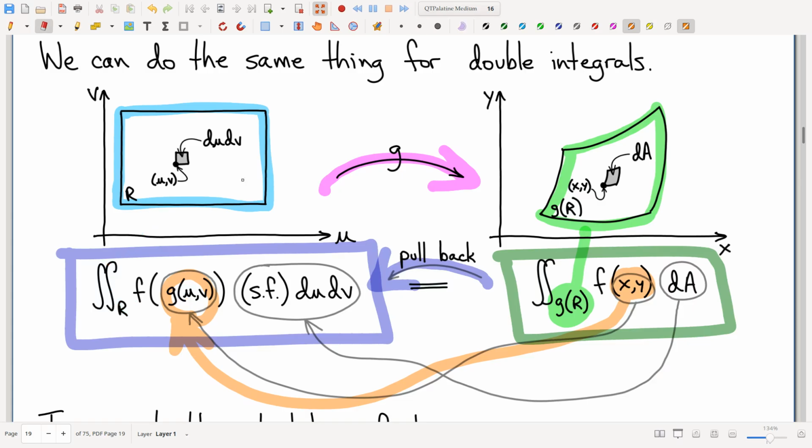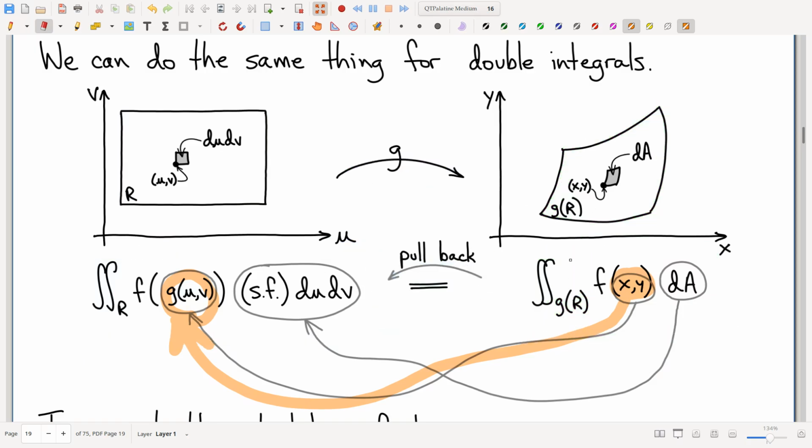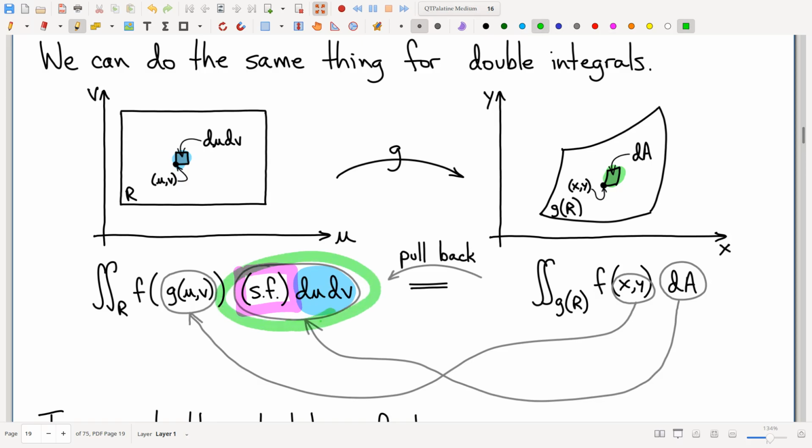And then just don't forget, let me recover some colors here. Don't forget that the size, du dv, and the size of its image, dA, are not the same, and there's going to be some factor that I multiply by du dv, some factor that I'm going to call the stretching factor, to produce the stretched out area in the xy plane.